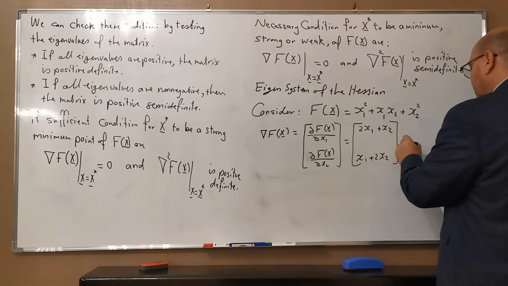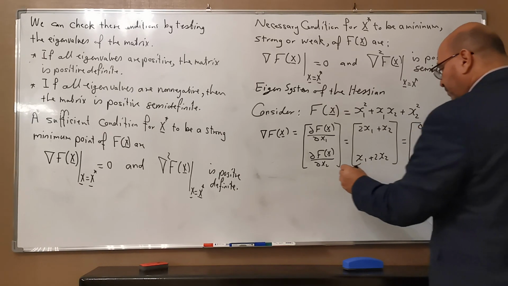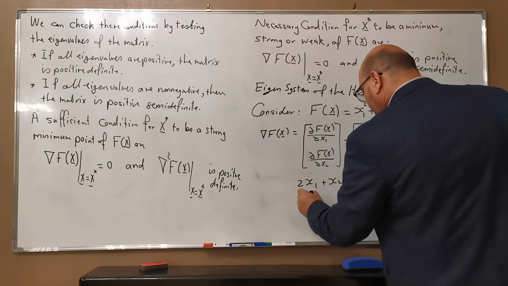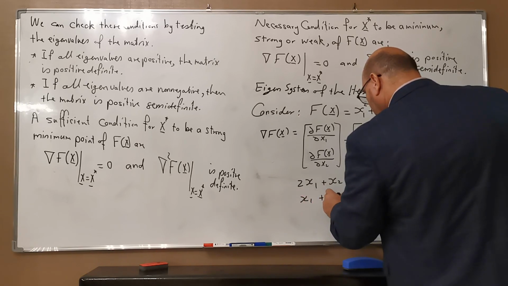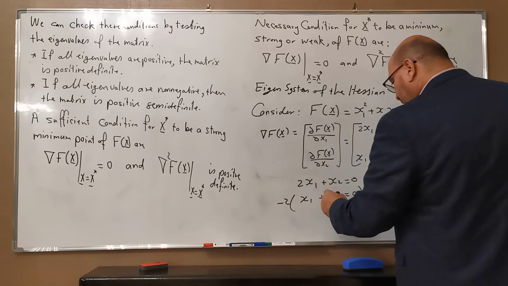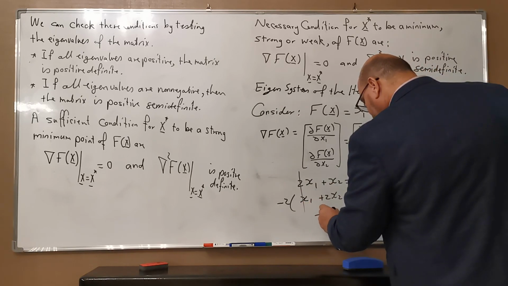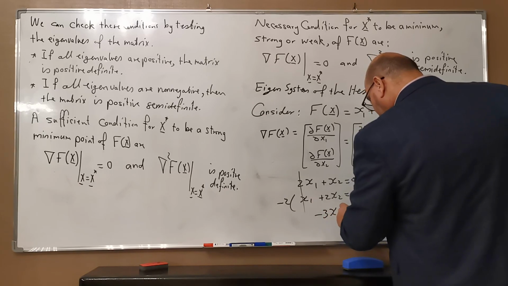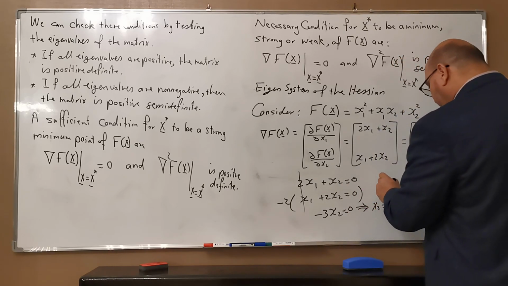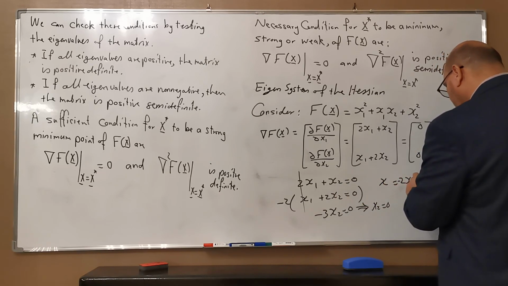So if we say that this is equal to 0 to find the stationary points, you have 2x1 plus x2 equals 0, and x1 plus 2x2 equals 0. If you multiply by minus 2 and add together, those will be cancelled, and you have minus 3x2 equals 0, so x2 equals 0, and x1 equals minus 2x2, which is equal to 0.